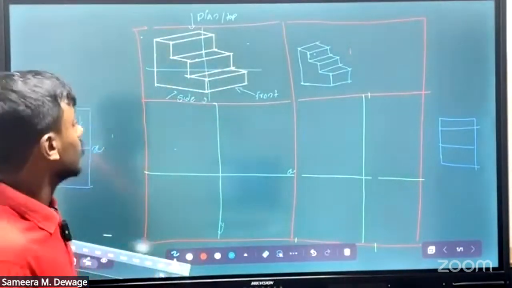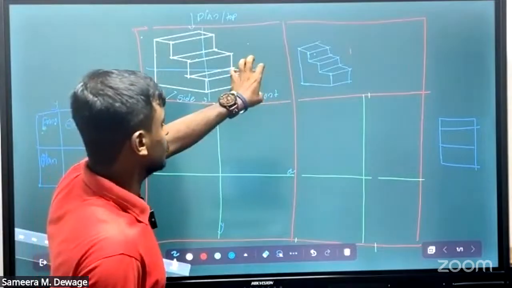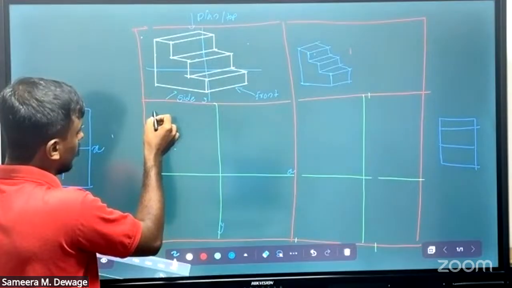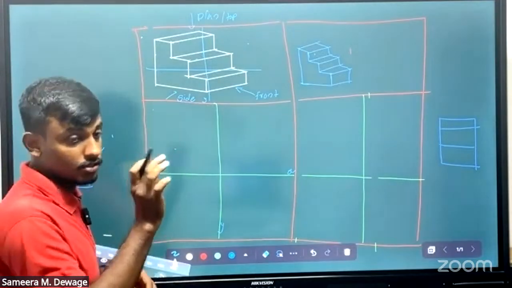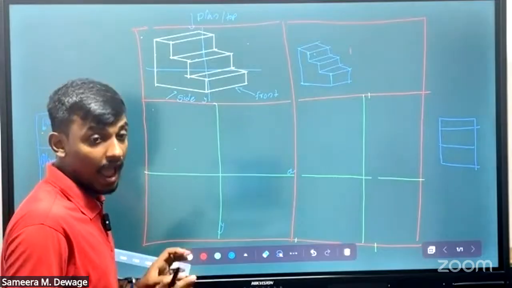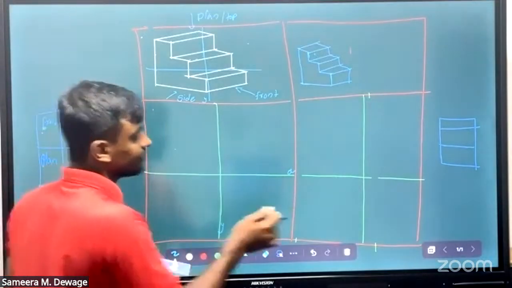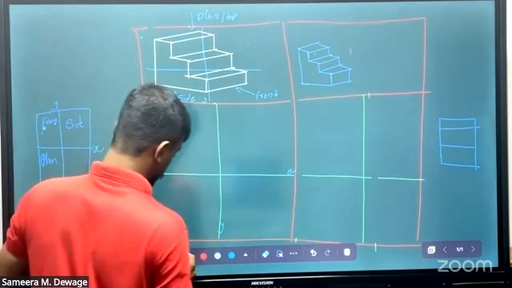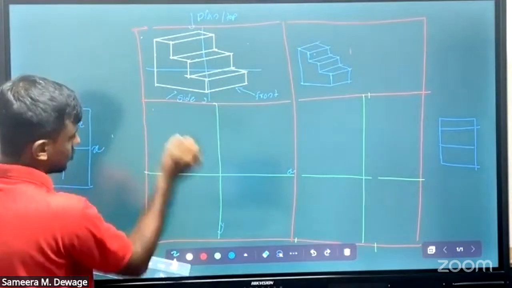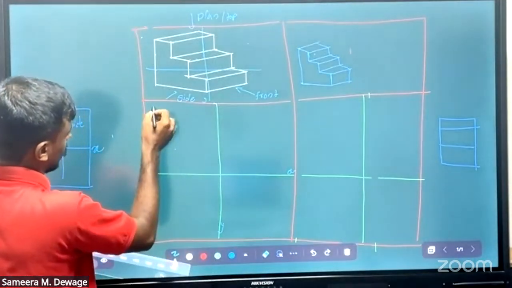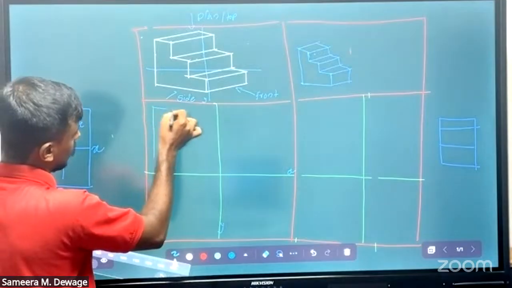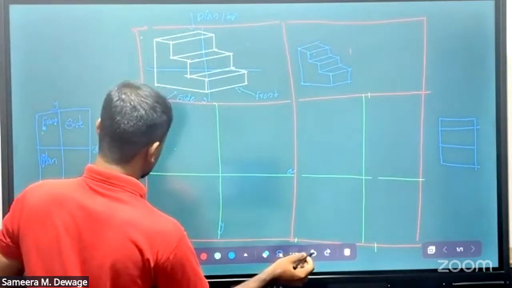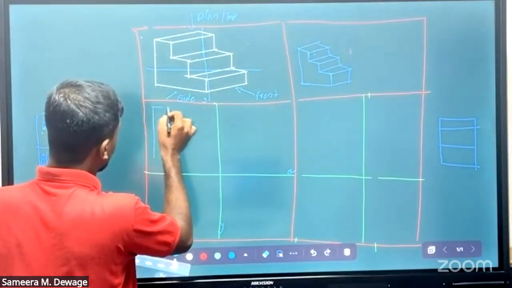Okay. So this is your front side. This means your front image should be placed here, and you need to draw the image like this. This is your front.